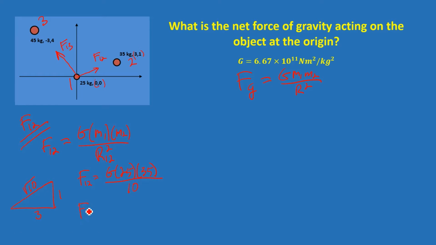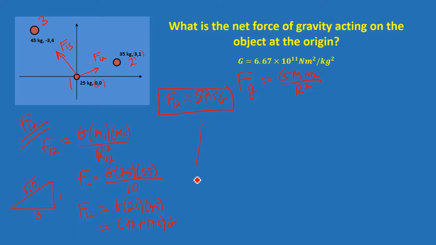If you do some math there, we get G times 2.5 times 35, which would be equal to 70 plus another half of 35, 17.5 G. Hopefully I got that math right. And so my F12 is equal to 87.5 G. I'm going to go ahead and box that one.